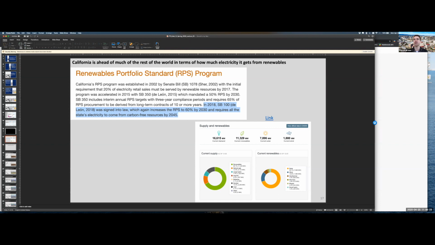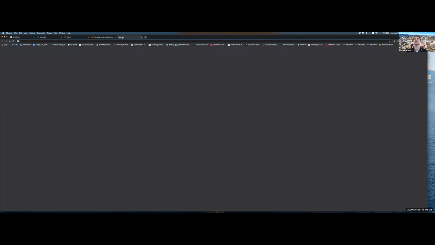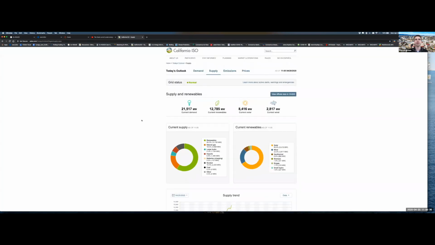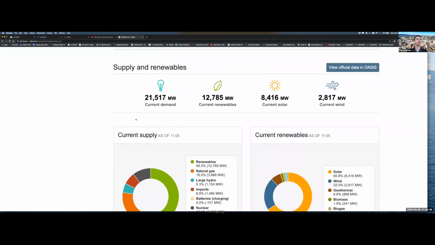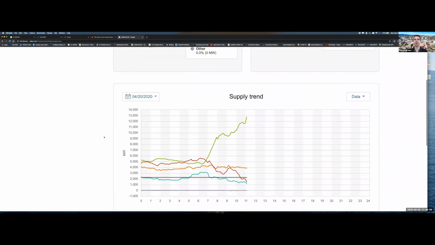And so it's interesting in California, we can look at what they're talking about in real time here. I have a link to it in the slides there. But this is California ISO, so they track our energy supply.